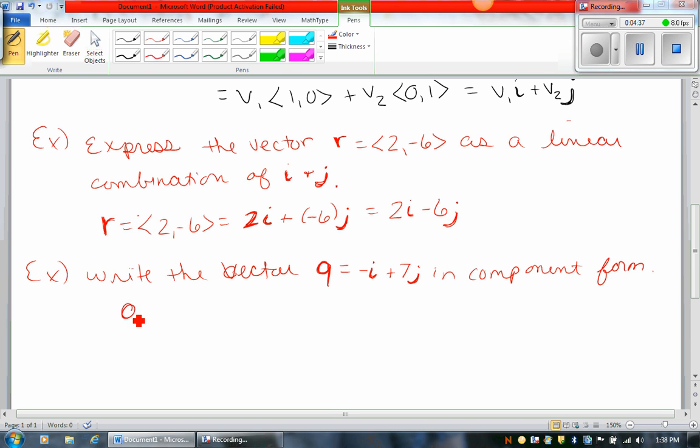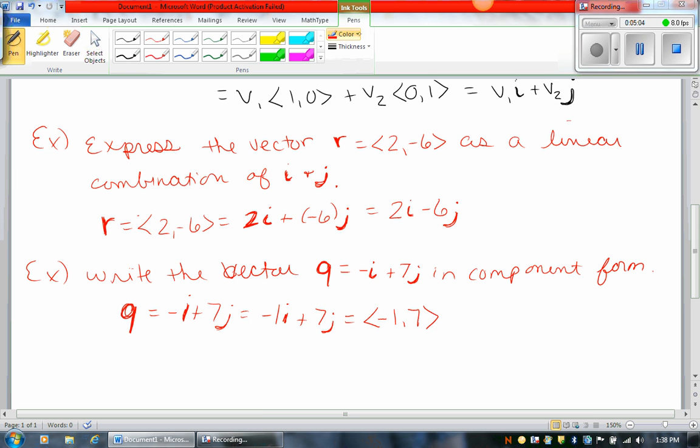So again, q equals negative i plus 7j, or negative 1i plus 7j. It's just another way to write it. So in component form, that's negative 1, 7.